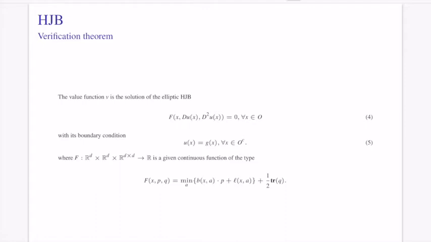First of all, this is a second order differential equation because there is a second order differential operator term. And f given here is nonlinear because of the minimum, so it's hard to solve.